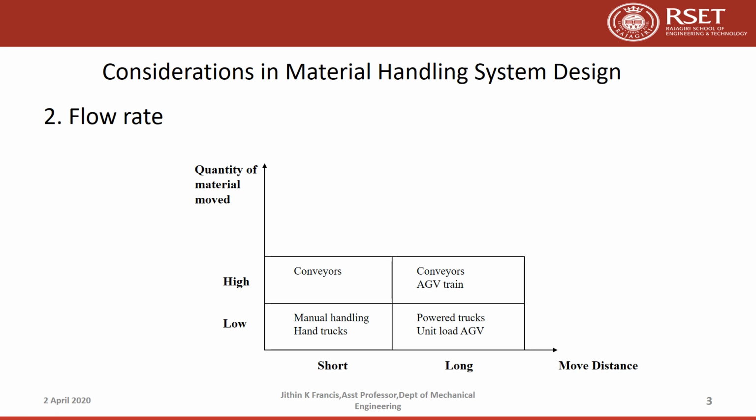Now if you have short distance but high quantity, you may depend on conveyors. And if you have high quantity and long distance, again you can use conveyors and automated guided vehicle trains. So depending upon the distance and the quantity moved, that is the flow rate, you can select suitable material handling systems.